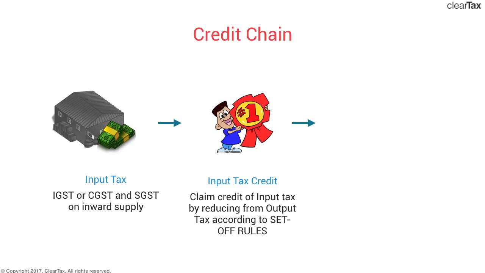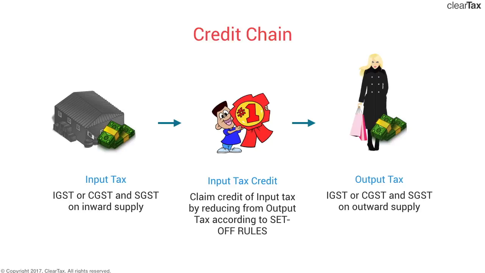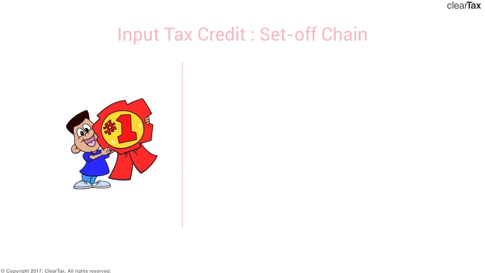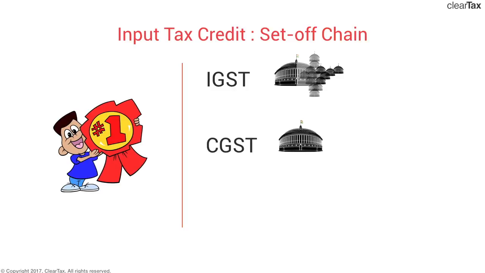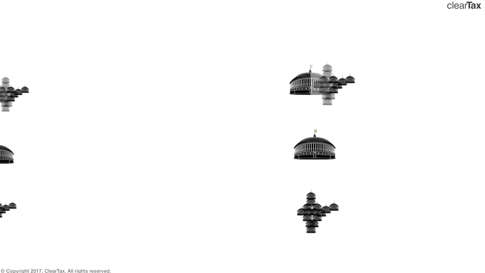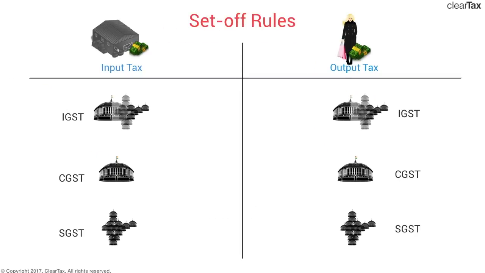Your output tax liability would also include IGST or CGST and SGST. So basically, input tax credit is for all the 3, IGST, CGST and SGST, and the set-off mechanism tells you which output tax liability of these 3 can be set off against which input tax liability. So you have input tax, all 3, and output tax, all 3. Which of these can be set off against what?